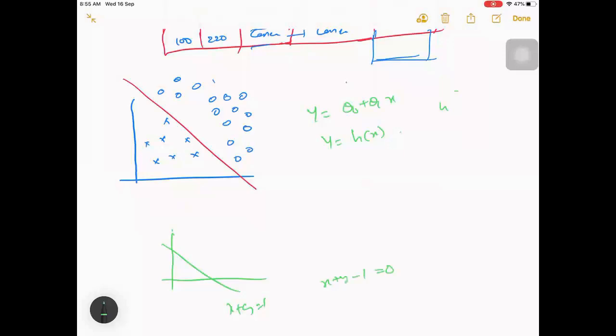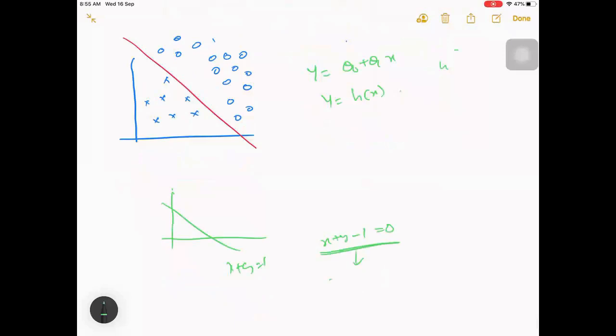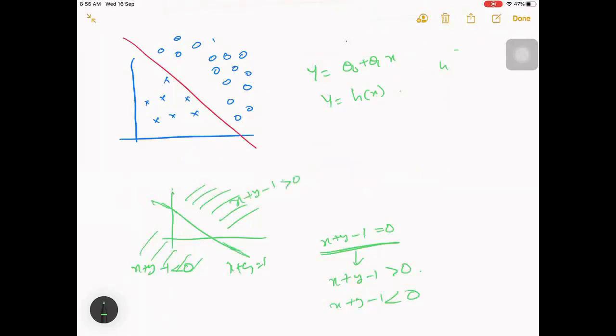For this line, x plus y minus 1 greater than 0 will be some portion here, and this portion here we can have as x plus y minus 1 less than 0. This is basic math: if it is equal to 0, it is on this line. If it is less than 0, it will be below, and if it is greater than 0, it will be above.